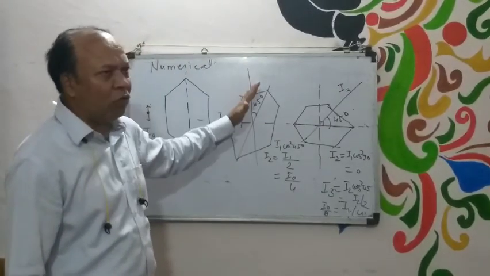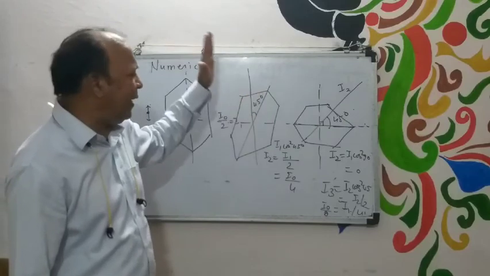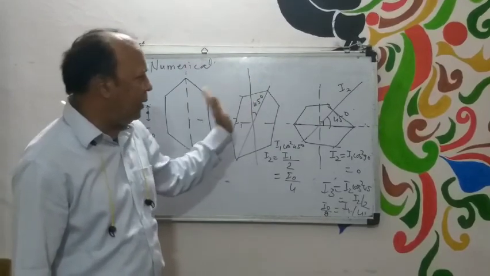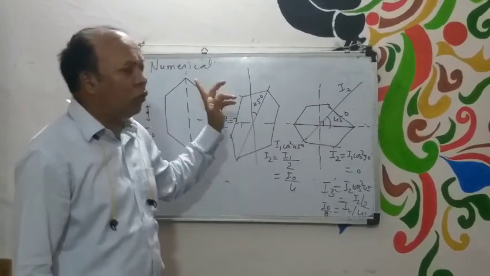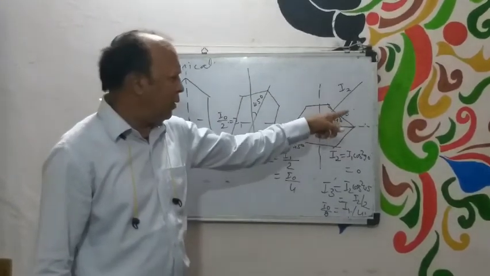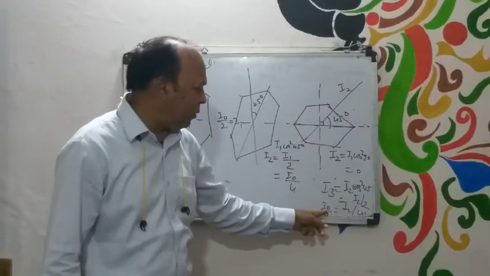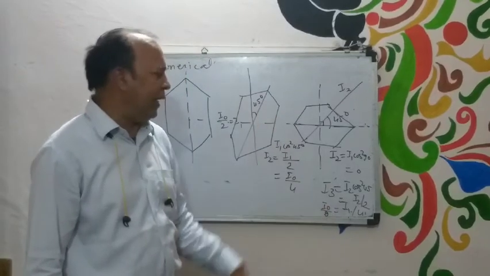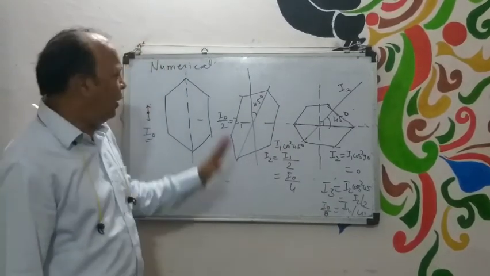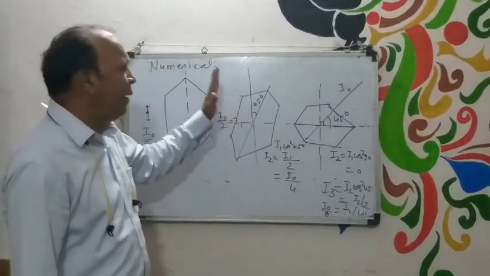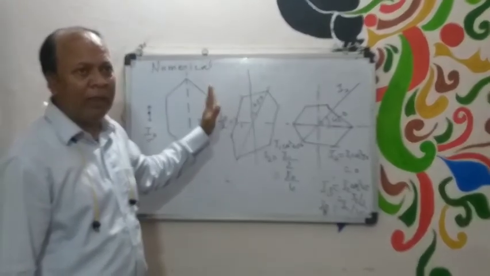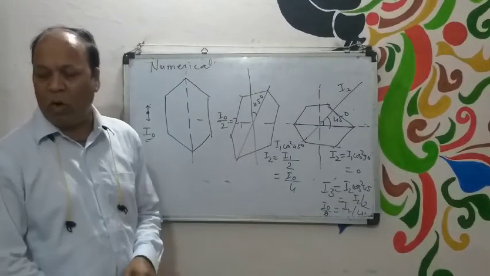But if another tourmaline crystal is placed making 45 degree in between these two crystals, the intensity will not be 0. Here I have proved that the intensity will become I naught by 8. Clear? In this way we can apply Malus law and you will find some numericals based on this law.